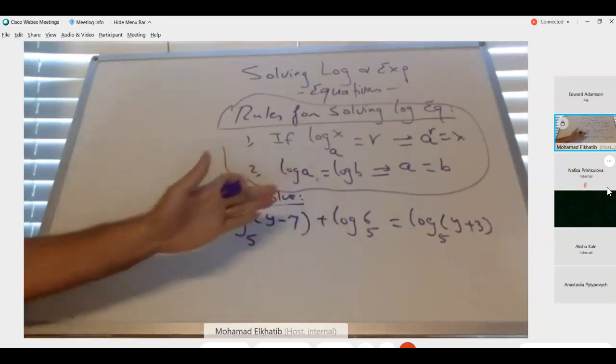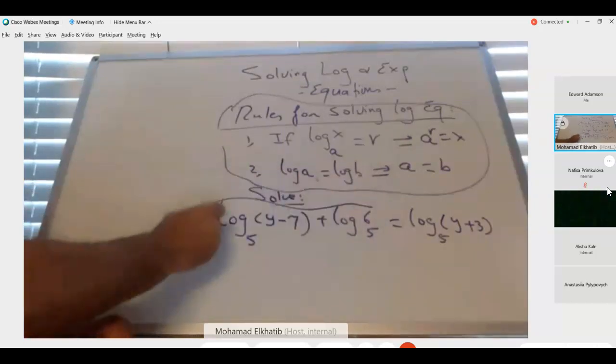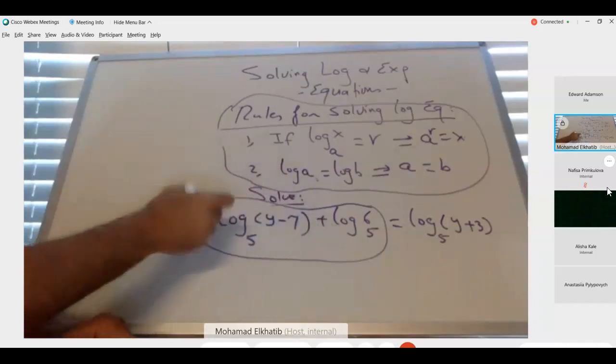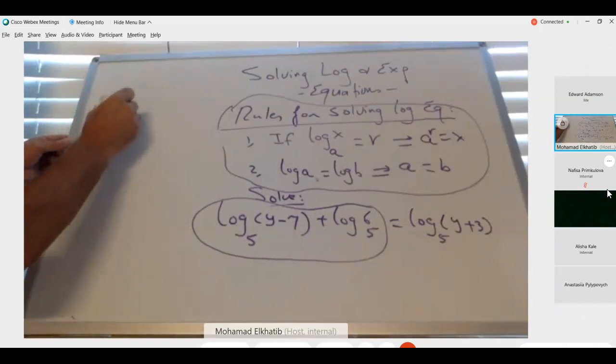I have log on both sides, so I got to use rule 2, but I have two logs here. I got to make it a single log. Correct? Make sense? So if I have addition, I got to multiply. So this is going to be log base 5 of y minus 7 times 6.